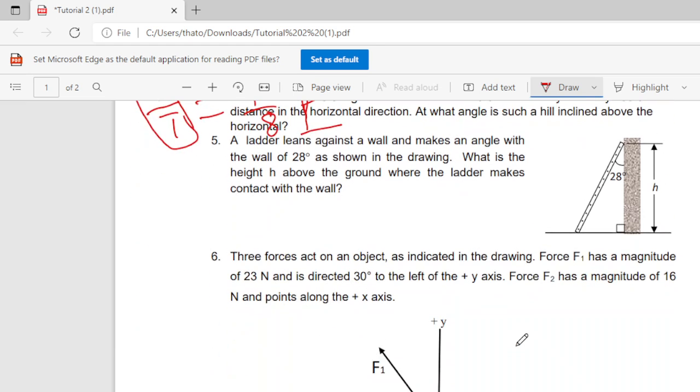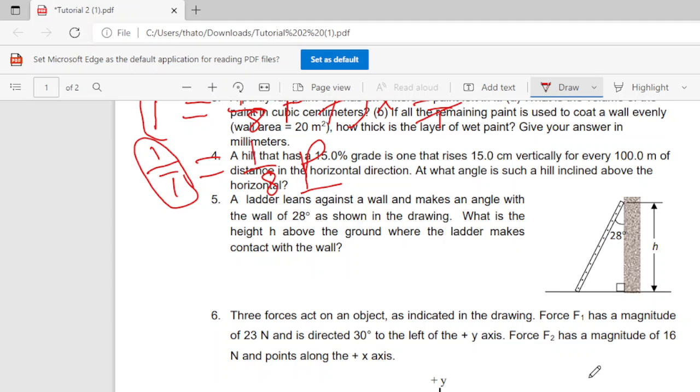Now the next question to solve is question 5. A ladder leans against the wall and makes an angle with the wall of 28 degrees as shown in the drawing. What is the height h above the ground where the ladder makes contact with the wall?